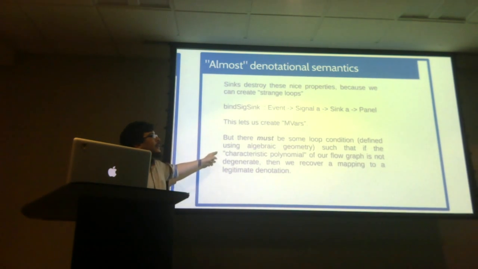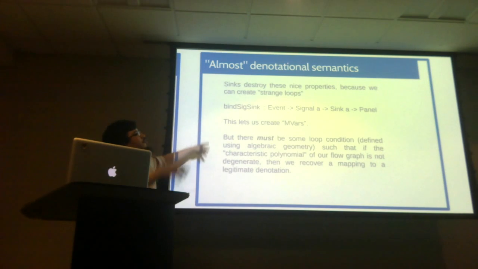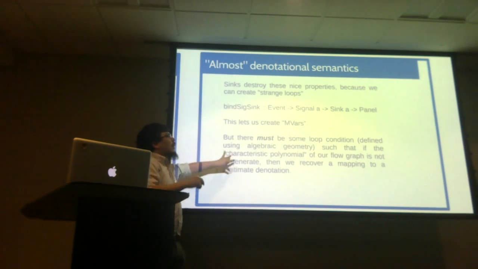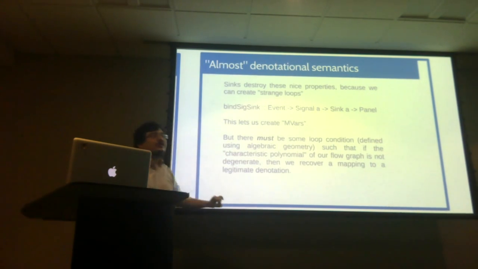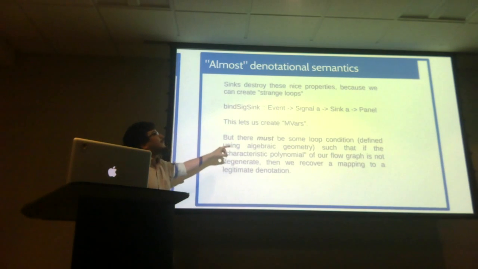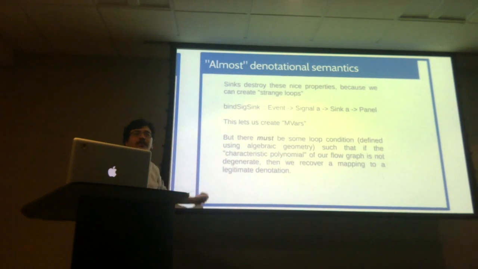But if you look at the graph and get a characteristic polynomial of it in an algebraic geometry sense, I don't understand this stuff fully, and then you look for a degeneracy condition, you can find some other rule that says we can give it a good semantics if the polynomial is not degenerate in a certain fashion. And I think that has to be the case here. So that's future research for anyone that wants to do it: you should be able to give semantics even with strange loops, as long as you can run some checking function to make sure that you don't have degenerate feedback conditions.